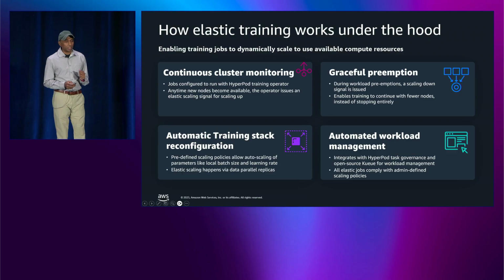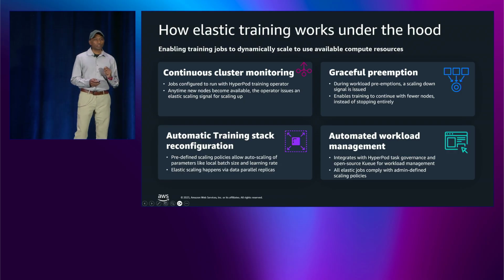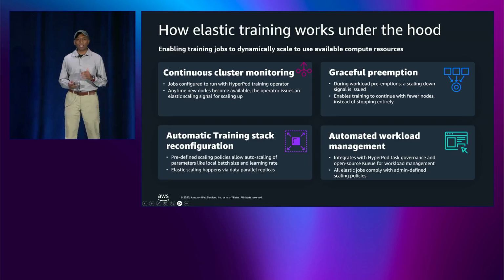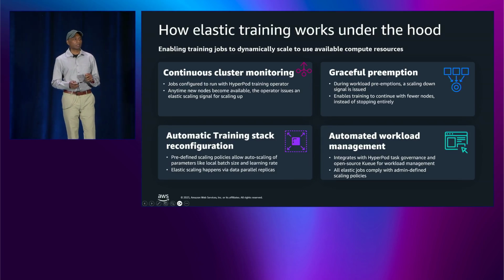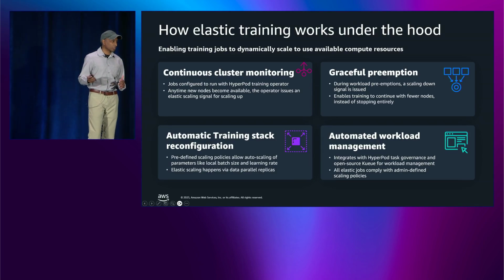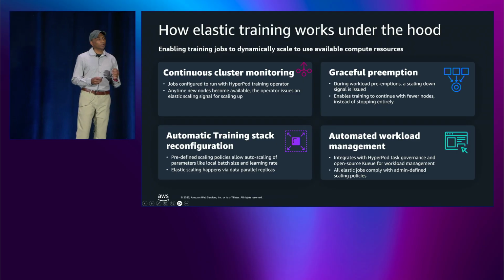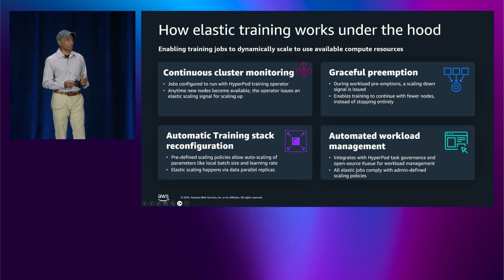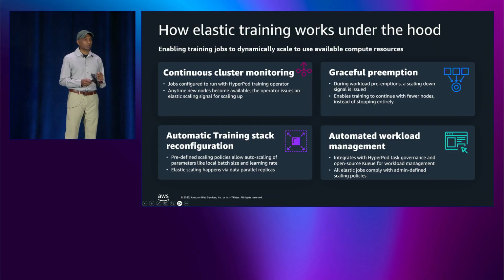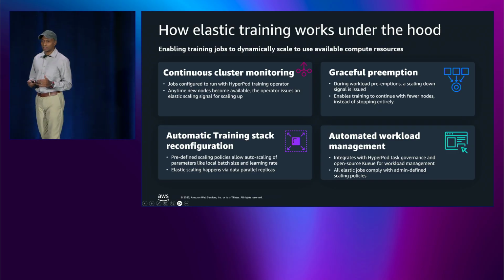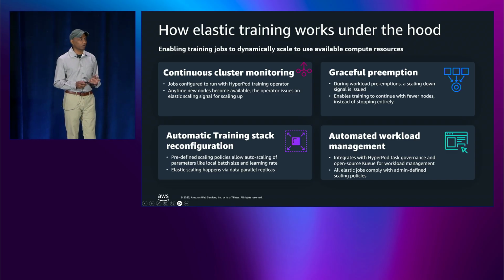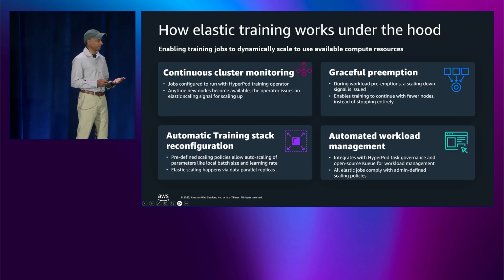The third part is the automatic training stack reconfiguration. You may know that whenever you have to scale your training job from smaller count to a larger count or vice versa, you have to adjust the training parameters which are critical to maintaining the training quality and convergence. And you typically have to manually adjust these parameters and restart your job whenever you change your world size.